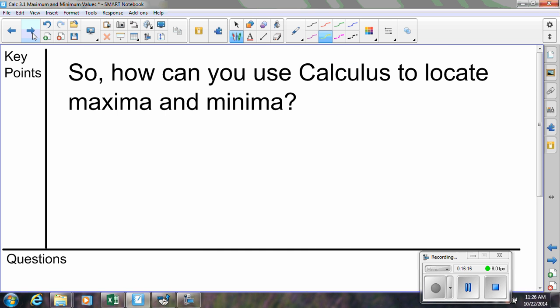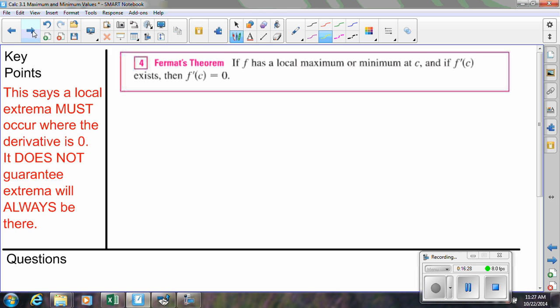So, taking advantage of what Scotty had said, how do we actually use calculus to get them instead of using the calculator, instead of just looking at a picture? It's in what your first intuition was. If we have a horizontal tangent line, so the slope is 0, so the derivative is 0, that's where they can occur.